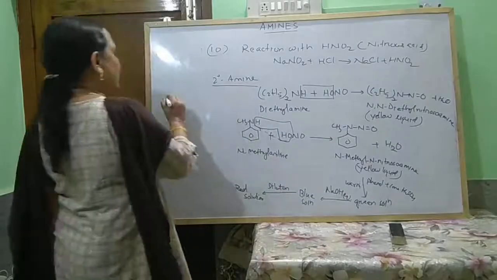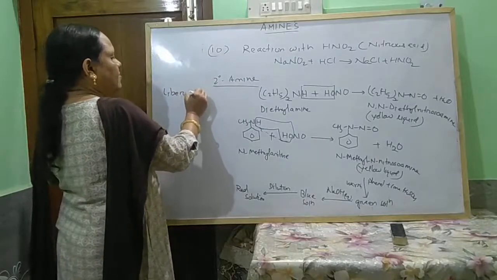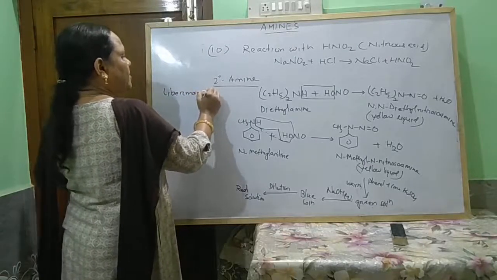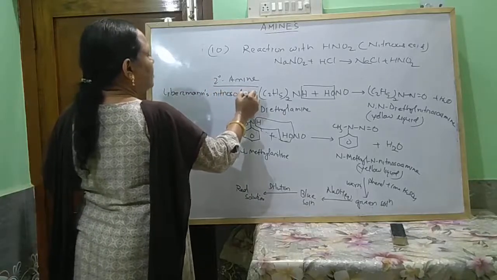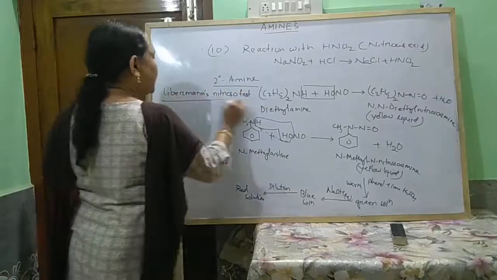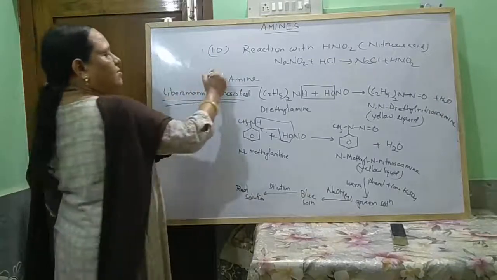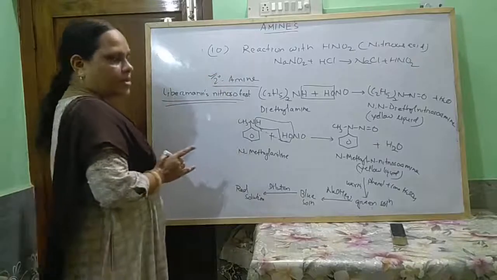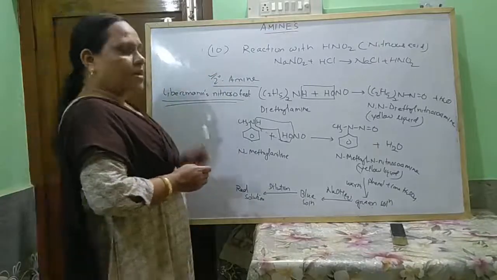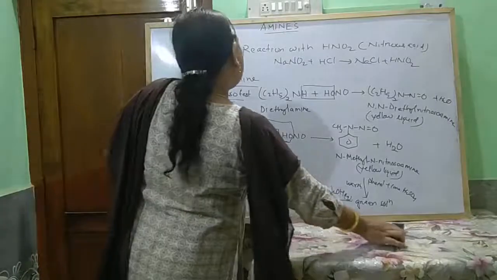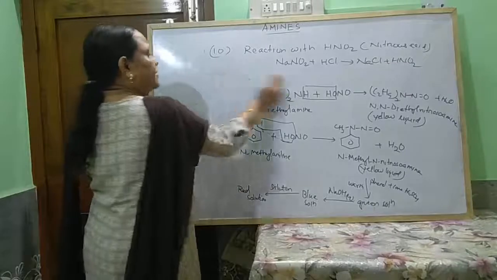This is called Liebermann's nitroso test, and it is only given by secondary amines. Primary and tertiary amines do not respond to the Liebermann nitroso test. Next, come to reaction with tertiary amine.